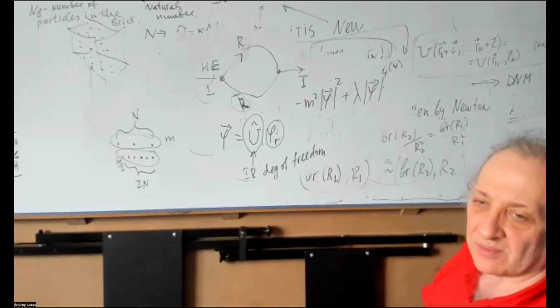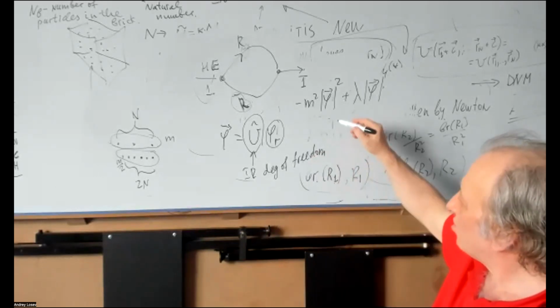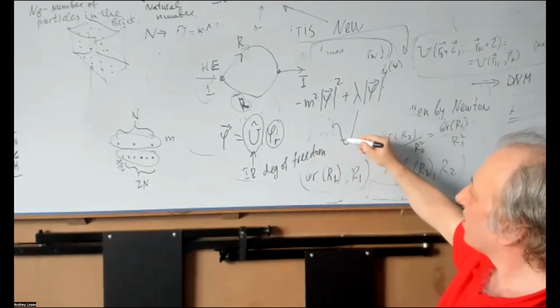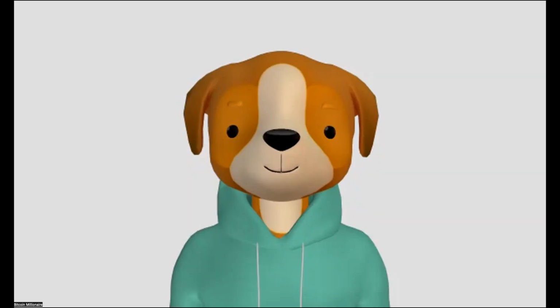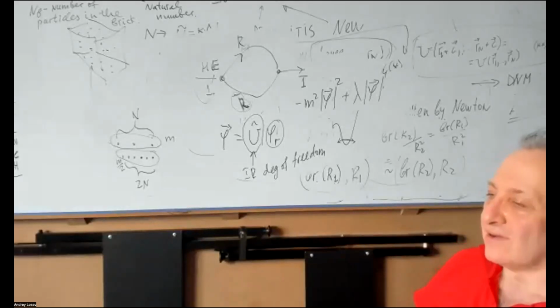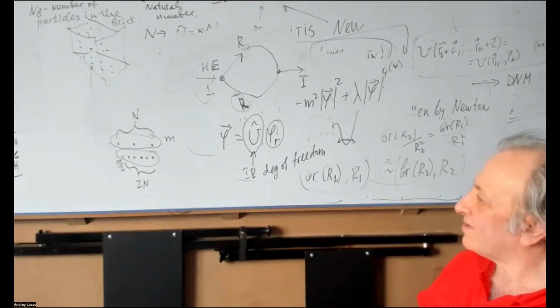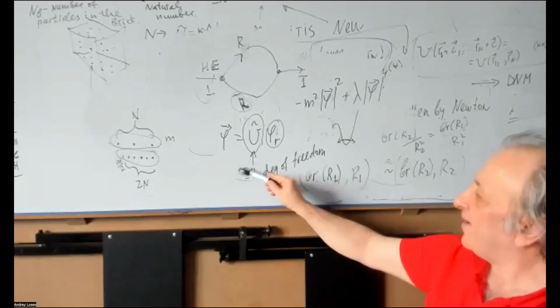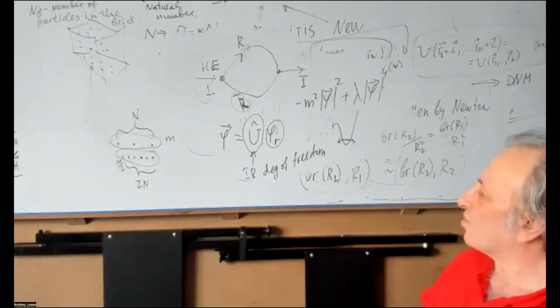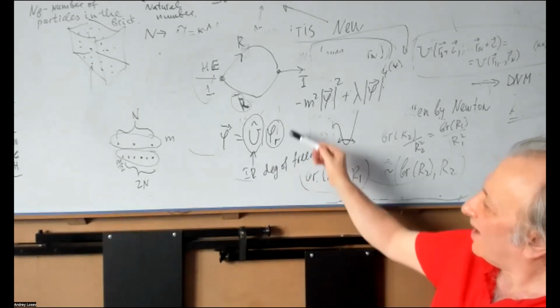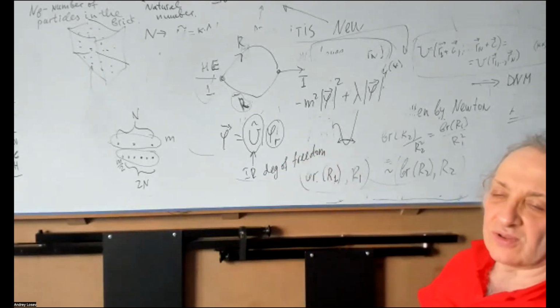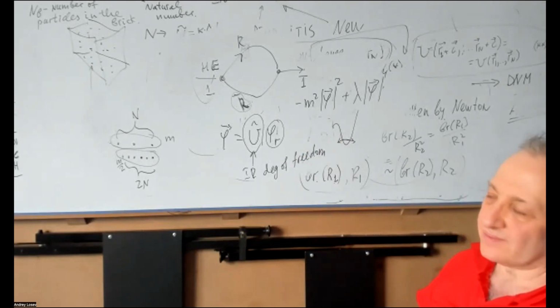Radial degrees of freedom are high energy because you have a potential like this. And then you may ask in which sense I can have an effective theory for lower degrees of freedom. I can integrate radial degrees of freedom out. It's a good problem.